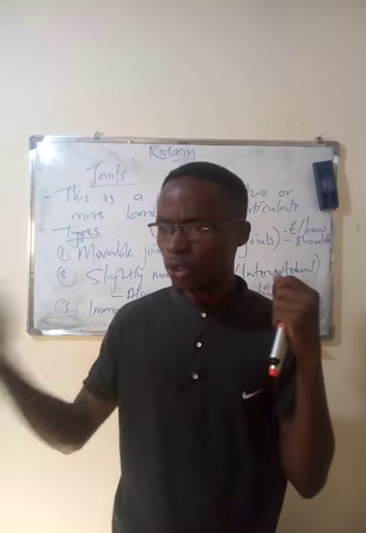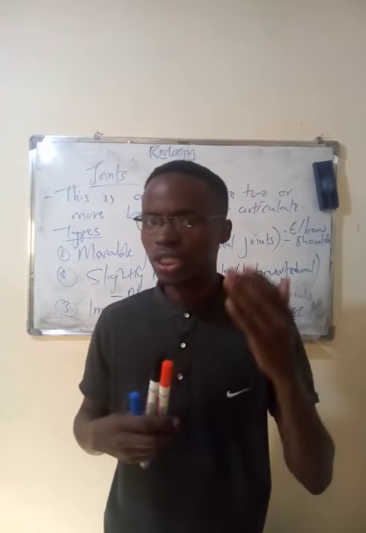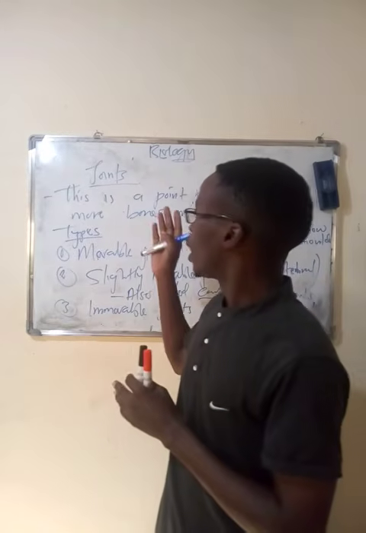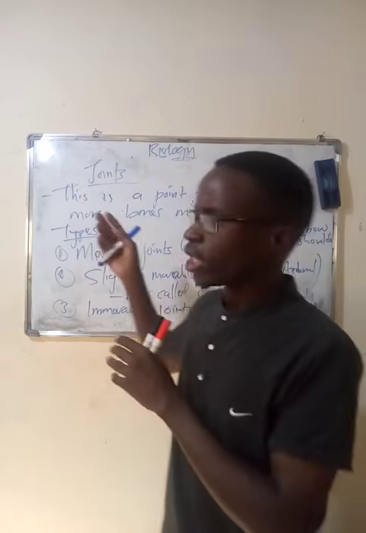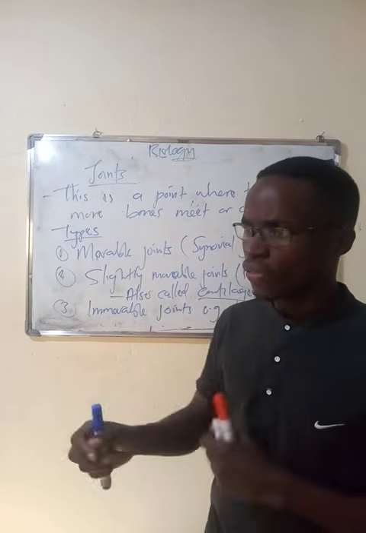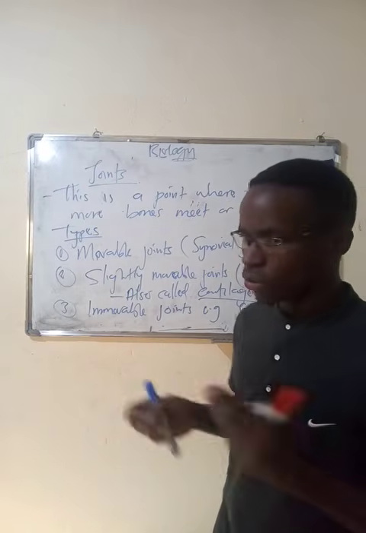Then we also have the upper limbs and the lower limbs. So that is the human skeleton basically. And then we said that a skeleton is made up of the bones, the joints, and the muscles that cause that movement when they contract or relax.